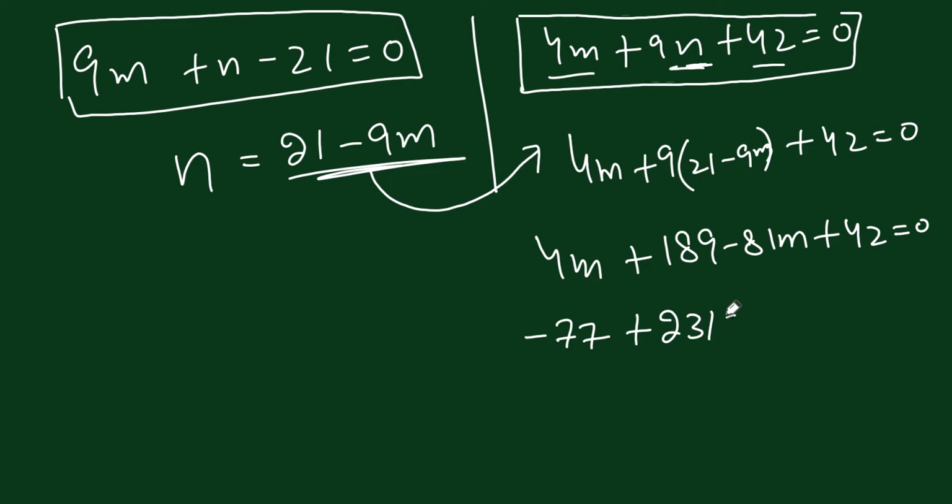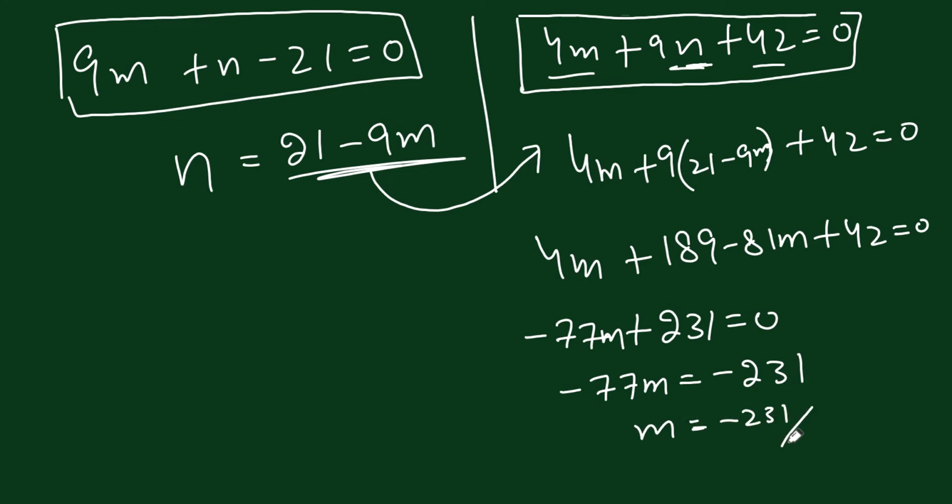Positive 231 is equal to 0. So you will get minus 77m is equal to 0 minus 231, that's minus 231. m is equal to minus 231 by minus 77. Minus and minus get cancelled and 231 divided by 77 comes 3. So we got m is equal to 3.